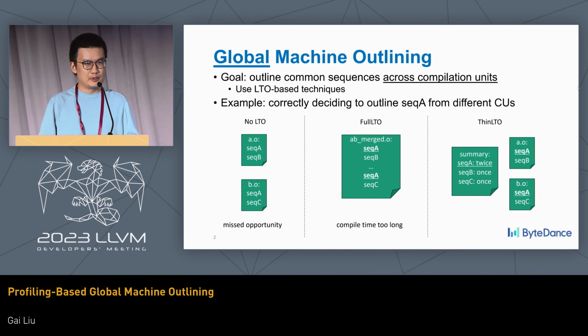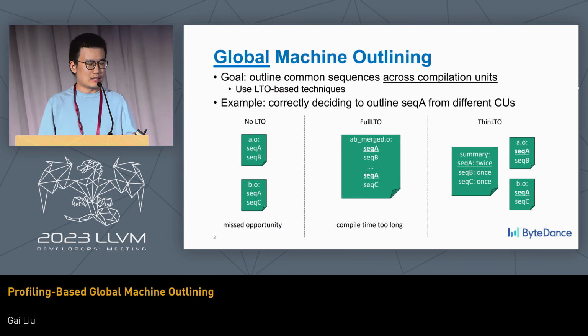A more promising approach is based on single LTO, where the idea is that we try to efficiently generate a summary that captures what we are trying to optimize for. In this context, our summary summarizes all the repeated sequences in my CUs. For example, here my summary will say sequence A appeared twice globally.